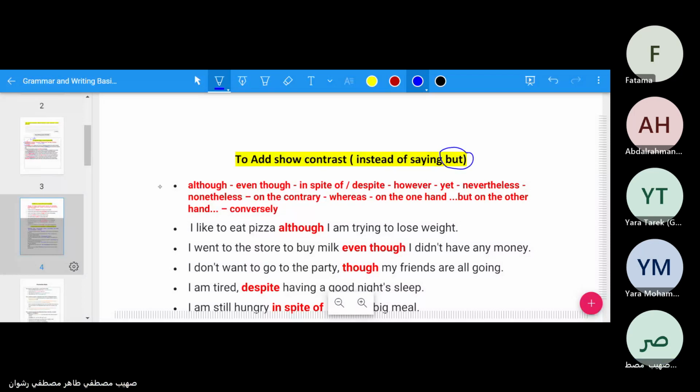Read, Fatma. Yes. Read the red connectives.